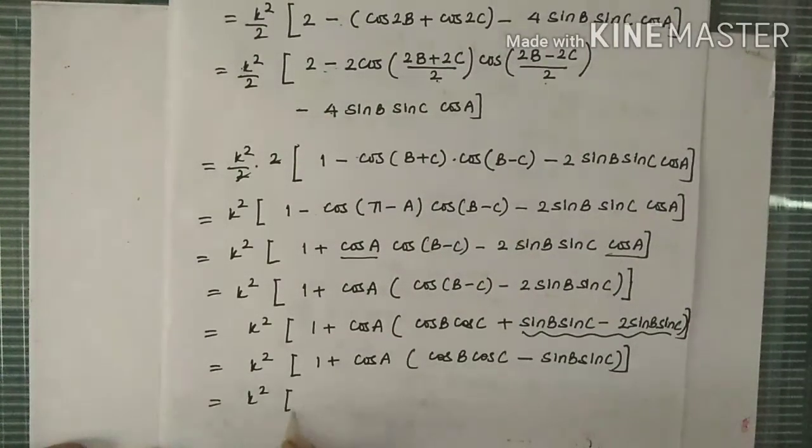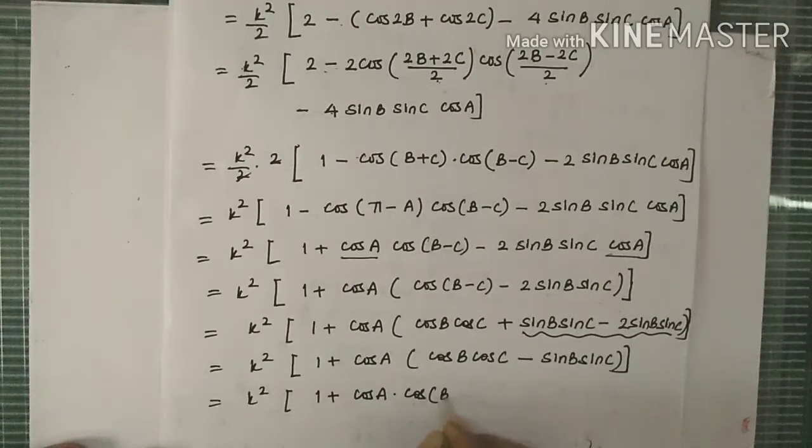So K square, 1 plus cos A multiplied by cos of (B plus C).